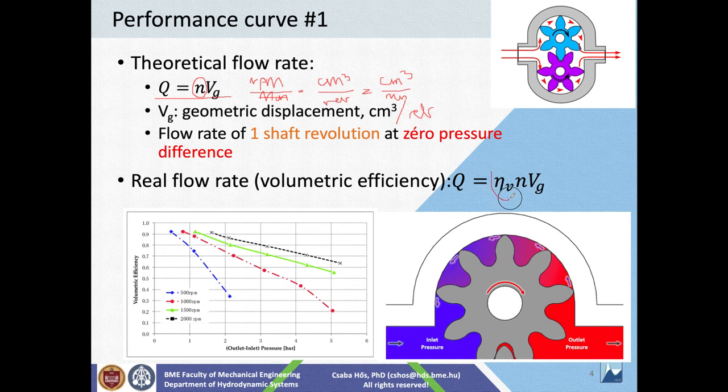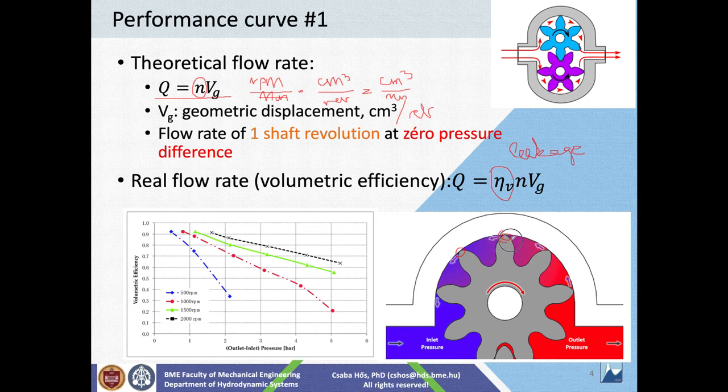There is a factor called volumetric efficiency. It's not really new, this is something we've already done with turbo pumps. It always has something to do with leakage. Sorry for the terrible handwriting. The leakage occurs here and also at the two ends of the gear, because the outlet pressure is high and the inlet pressure is low.